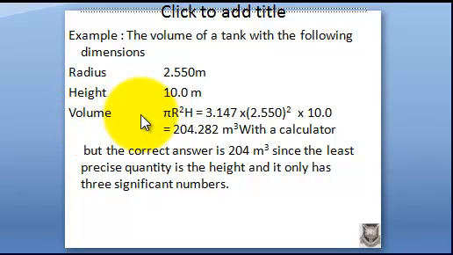The formula for volume is pi r squared h, which is 3.147 times 2.550 squared times 10.0. With a calculator, the answer obtained will be 204.282, where the units will be meter cube.